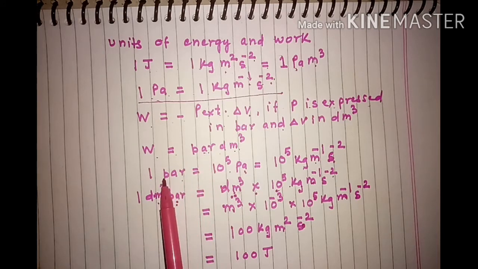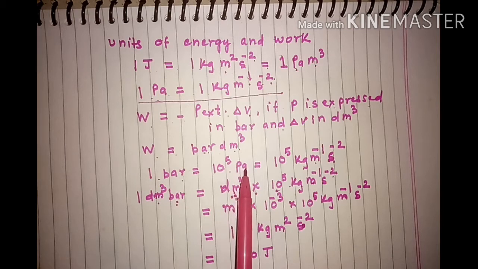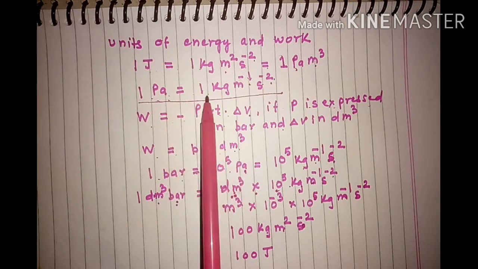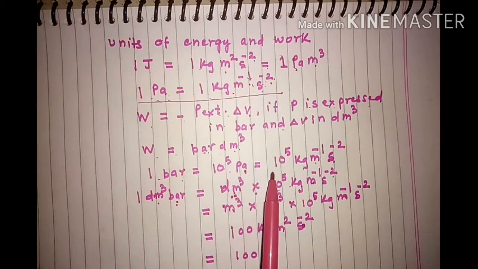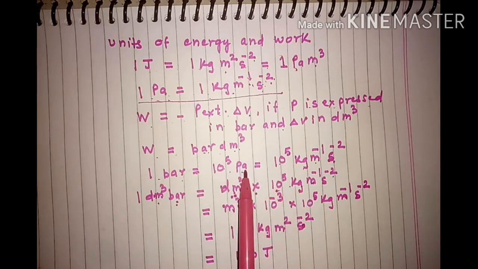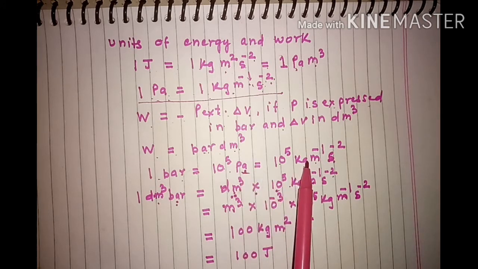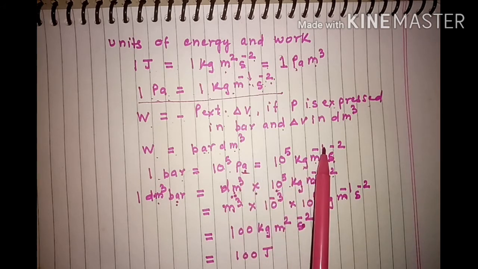Now there is one more thing: 1 bar equals 10 raised to 5 Pascal, and 1 Pascal equals 1 kg meter inverse second square inverse. So we will substitute 10 raised to 5 here, and substitute the value for Pascal, which is kg meter inverse second square inverse.